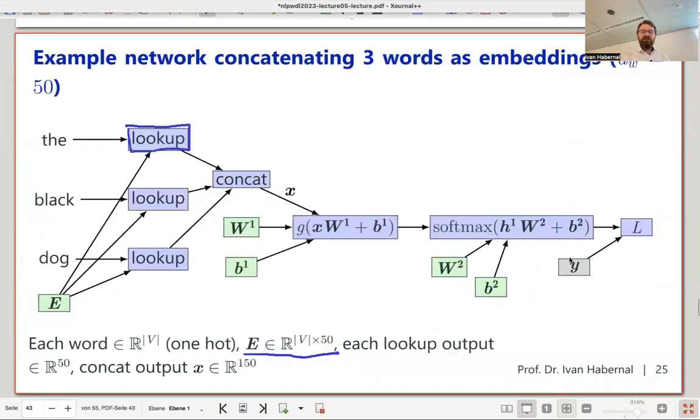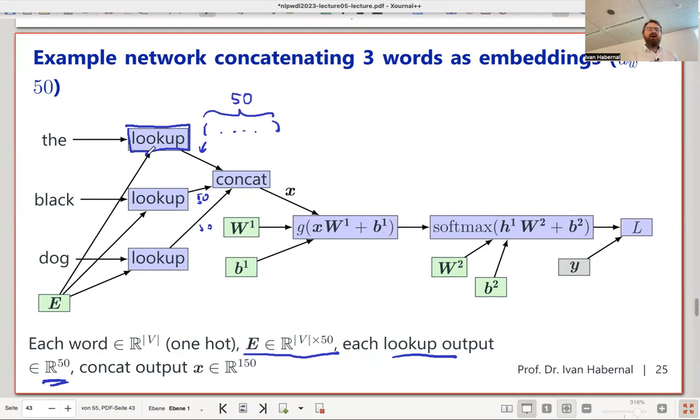Which means each lookup output, everything coming out of here, will have the dimensionality of the embeddings, 50. So this will be a vector of size 50, and here the same thing, 50, and here also 50. You know why? Because we're just selecting one row from the embedding matrix. How we do it is by multiplication, but that's just a technical detail. Okay, so this is how we do the lookup.